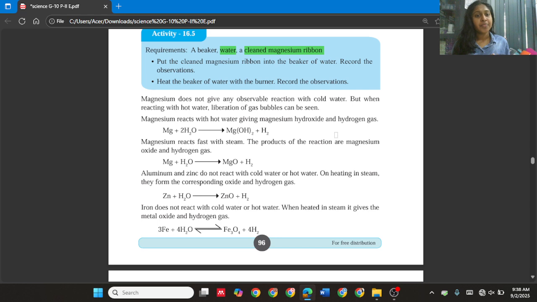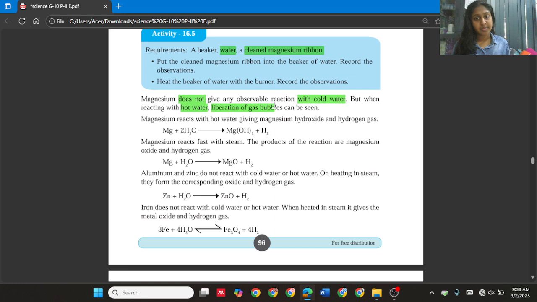So let's see. Magnesium does not give any observable reaction with cold water.